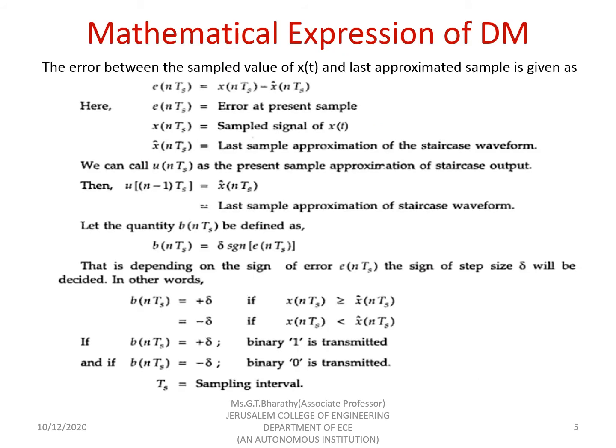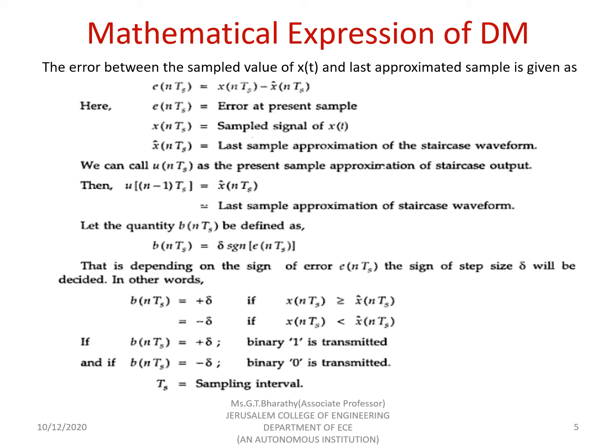So this is the mathematical expression for delta modulation. The error between the present sample, that is the sampled value of x(t), and the last approximated sample, which is x cap(nTs), is represented by e(nTs). So e(nTs) is the error, which is x(nTs) minus x cap(nTs). The binary output b(nTs) is represented as delta times the signum function of the error e(nTs). Delta will be constant.